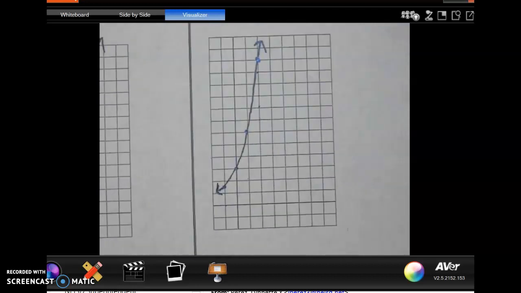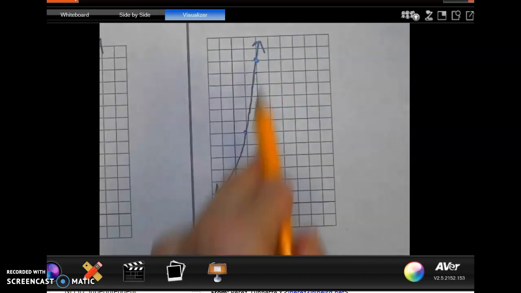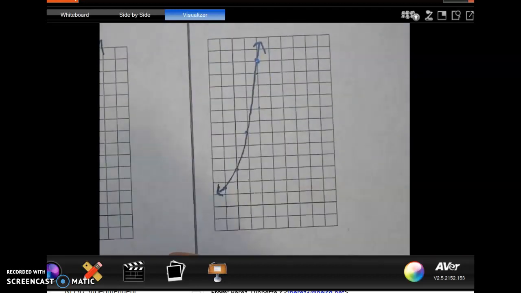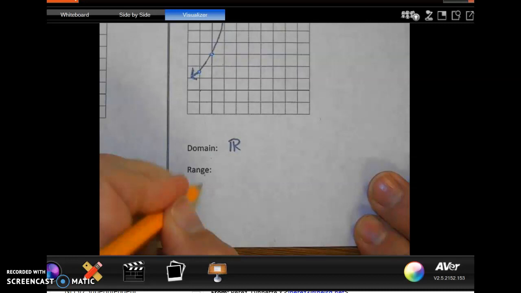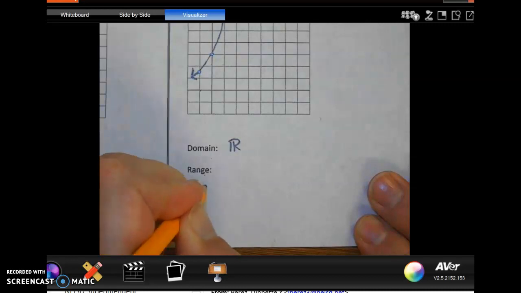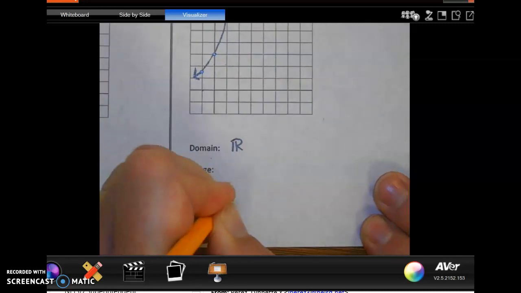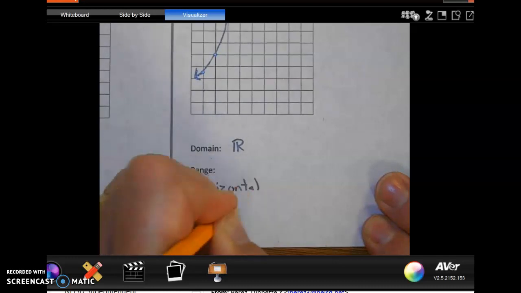Okay? So since we're going left infinitely and right infinitely, we're going to have a domain of all real numbers. For our range, it's going to be tricky though, because with exponential functions, there's going to be this thing called a horizontal asymptote.